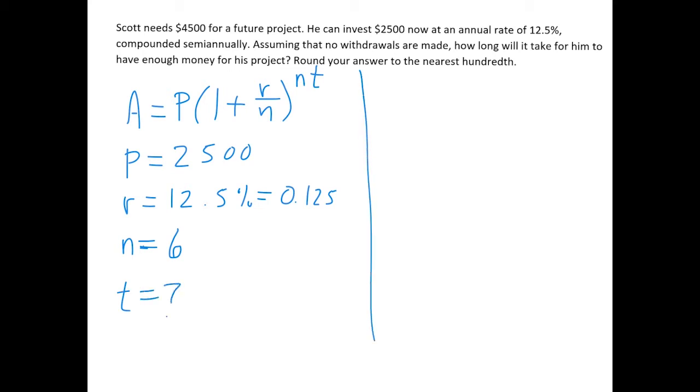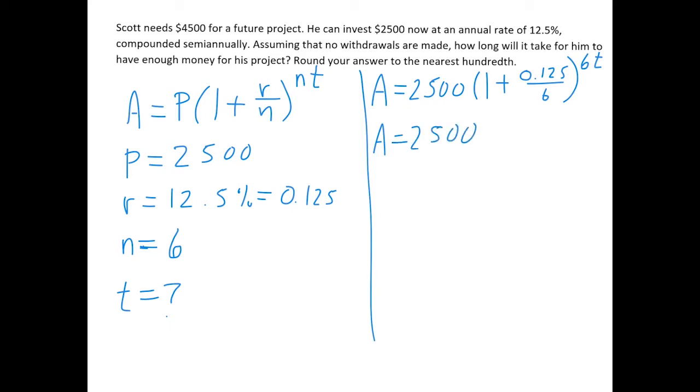But plugging all this in, we'll get an exponential growth function that looks like this. A is equal to 2,500 times 1 plus r is 0.125 over 6 raised to the power of 6t. In other words, A is going to be 2,500.